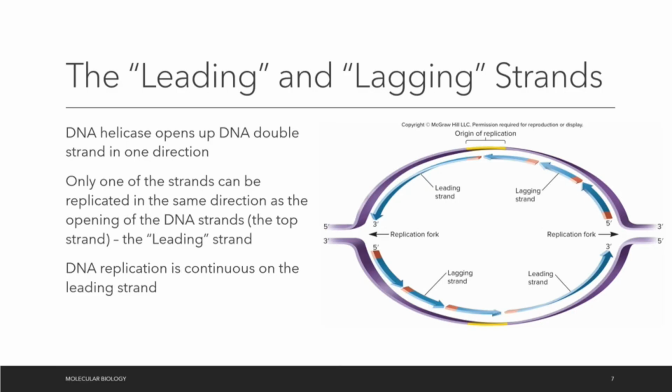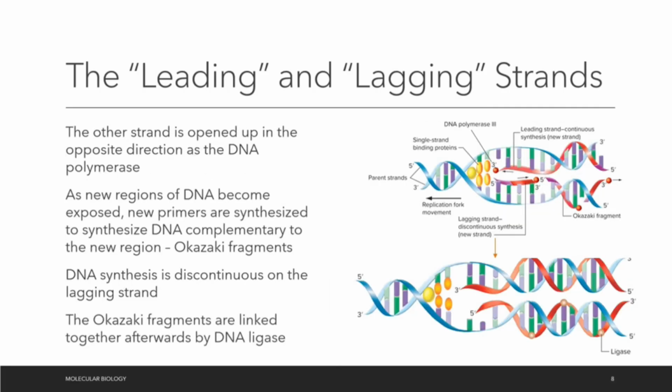So on the leading strand, the DNA replication is continuous, and on the lagging strand, the DNA synthesis is discontinuous, and these short fragments of DNA synthesized in the process are called Okazaki fragments. These Okazaki fragments will then later be linked together by DNA ligase.